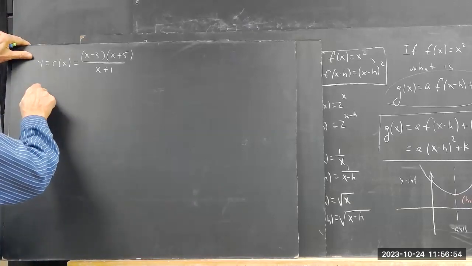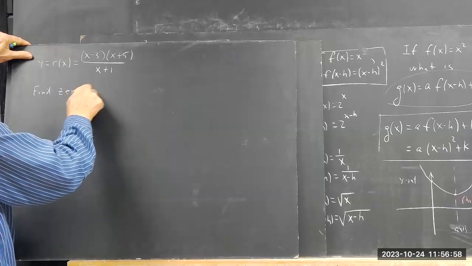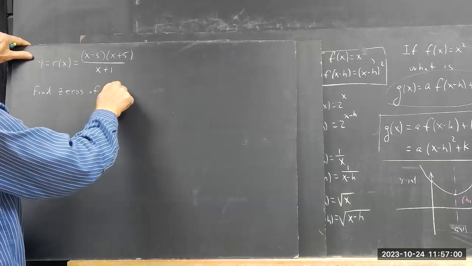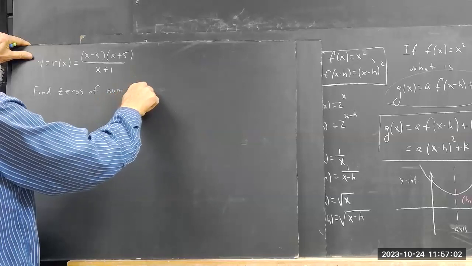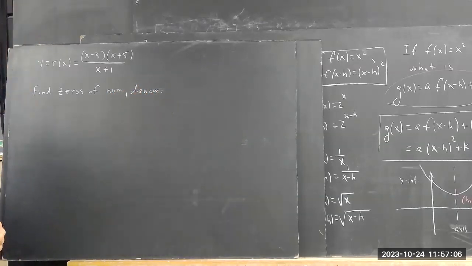First we find the zeros of the numerator and denominator.